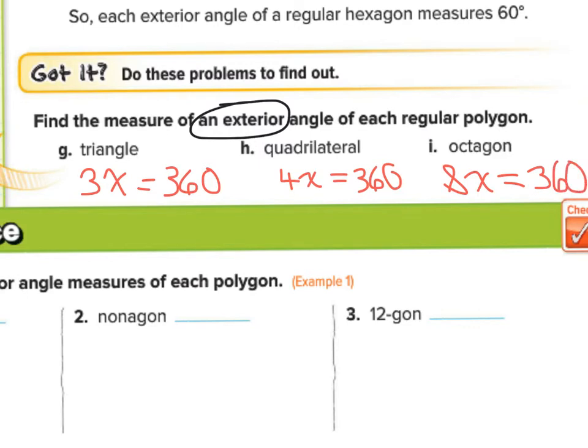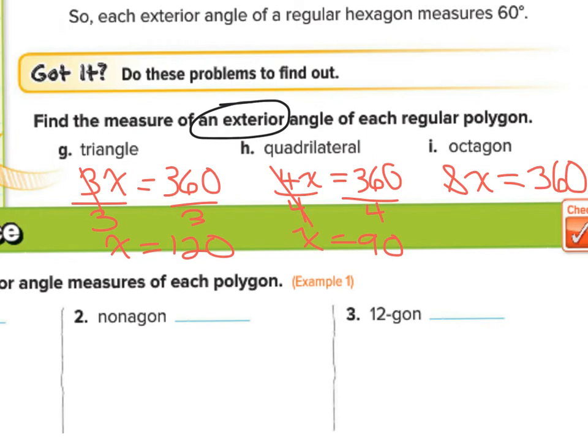And when we do that, we're going to use the division property of equality so we can isolate our x, and here we get 120. Here we use it again, division property of equality, and we get 90.